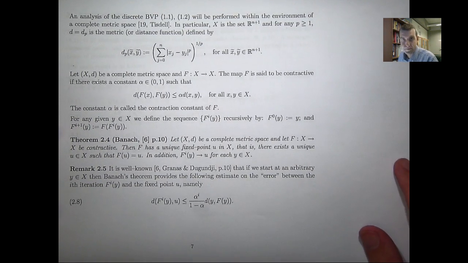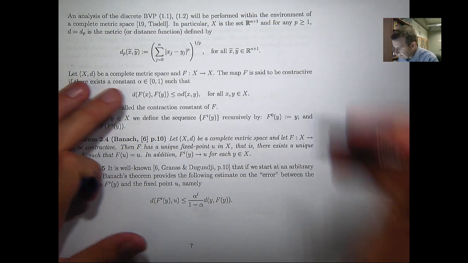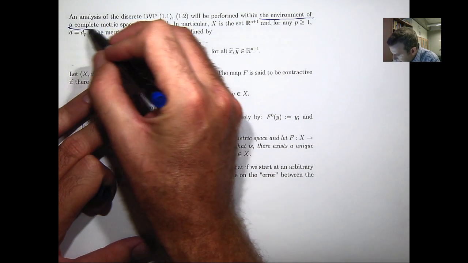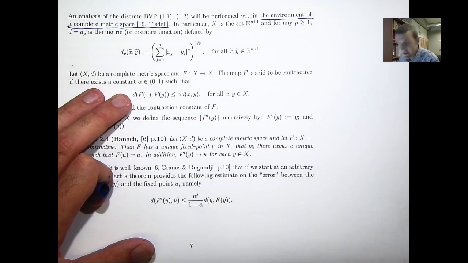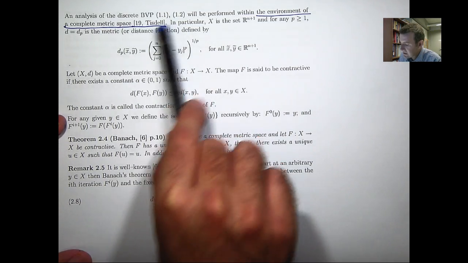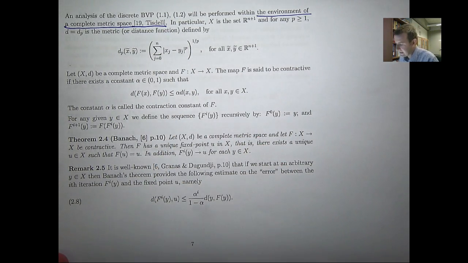Okay, well, our analysis of the boundary value problem will be set in the environment of what's known as a complete metric space. If you want more details on a complete metric space, please see my video on YouTube about that.